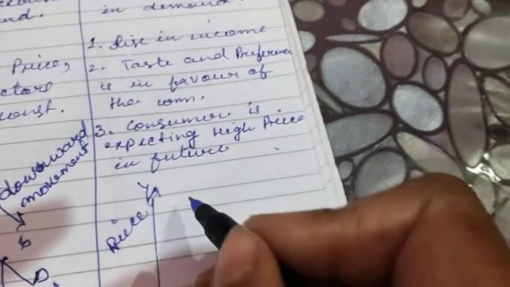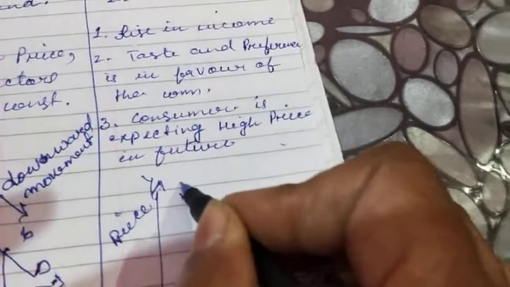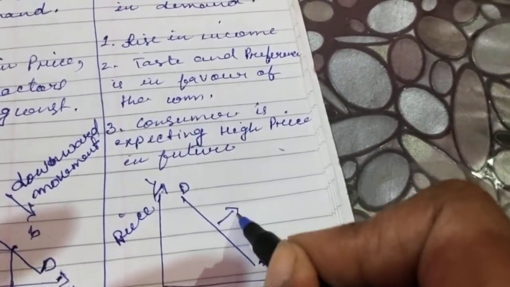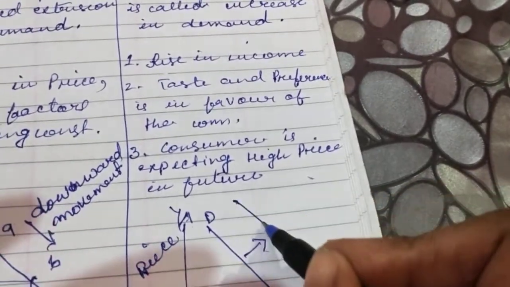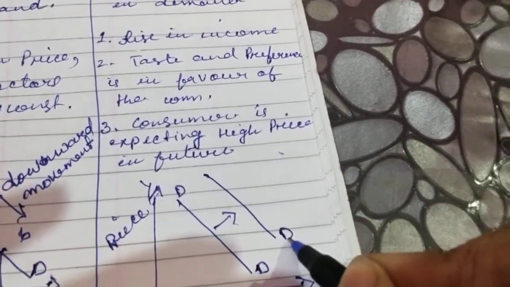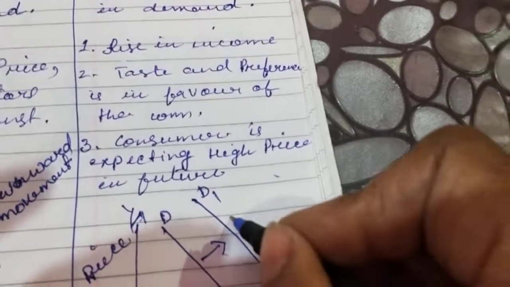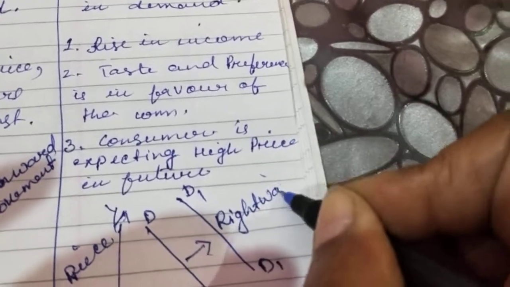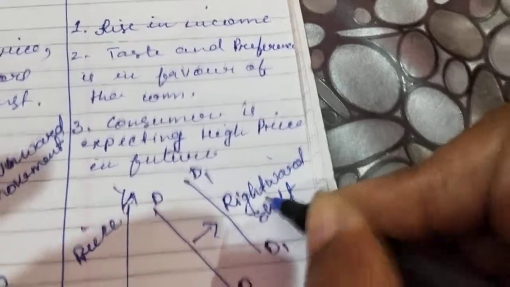Simply first we will draw the first demand curve DD, and then we know the shift of the demand curve in case of increase. It shifts rightward from DD to D1. So which shift is it? Rightward shift.